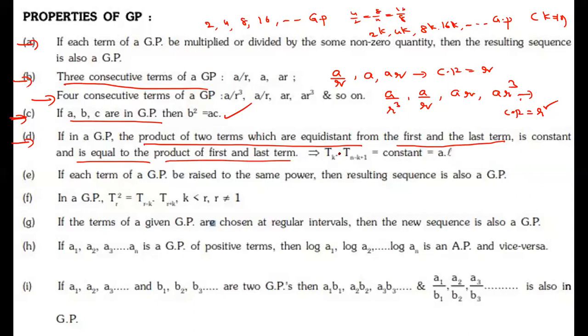Like that, Tk into T n minus k plus 1 is always a constant. A into L, first term and last term, that means A into A R power n minus 1. That is the meaning of first and last.